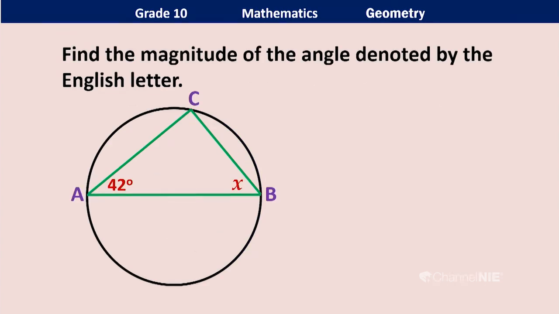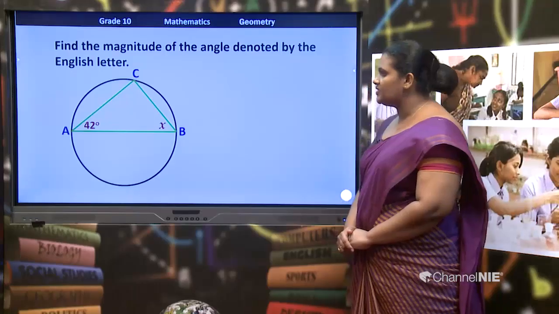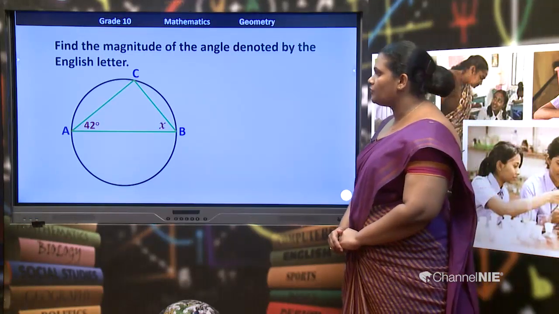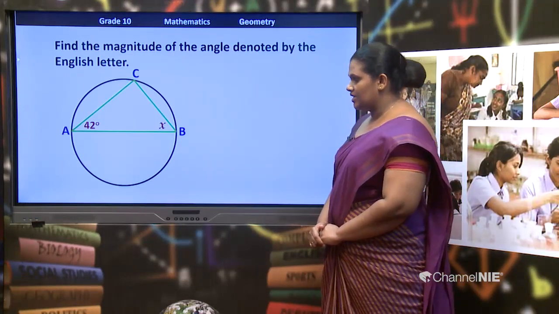Right. Now, we will go through some questions related to this theorem. Find the magnitude of the angle denoted by the English letter. Now, here in the first question, the English letter we have got is x. We have to find the magnitude of x.